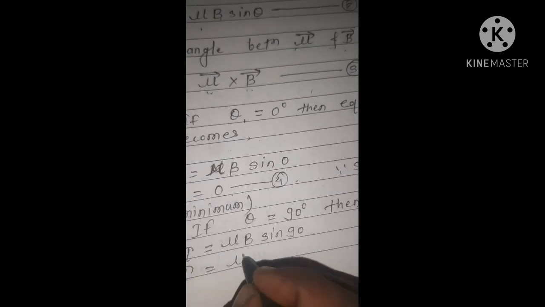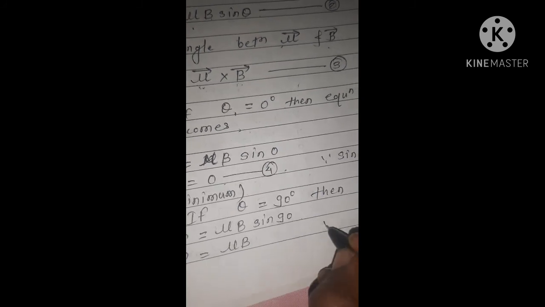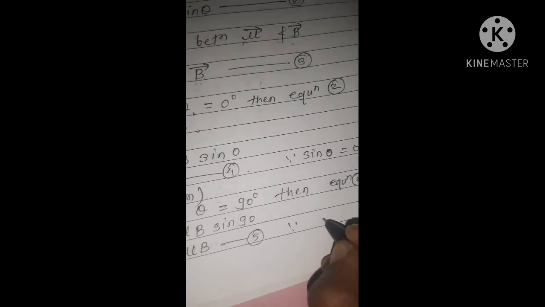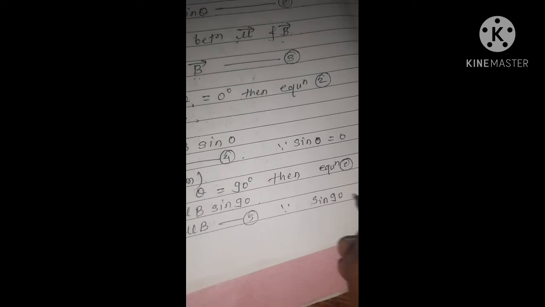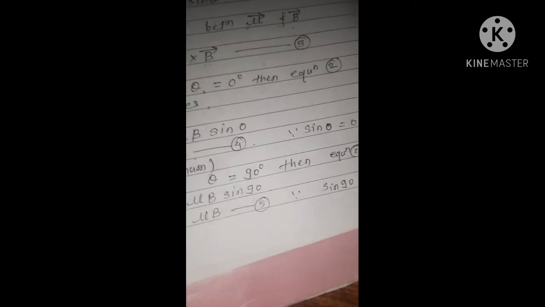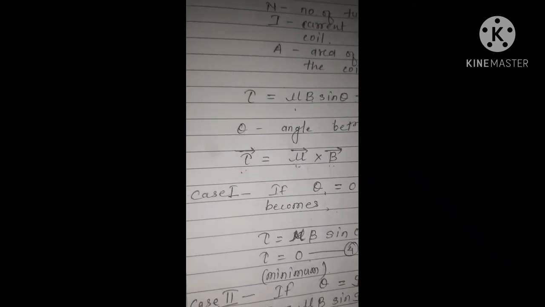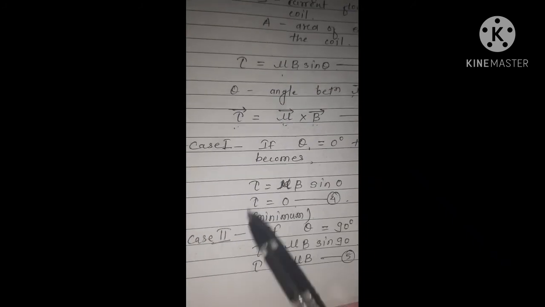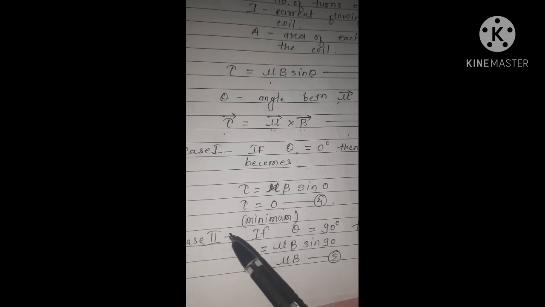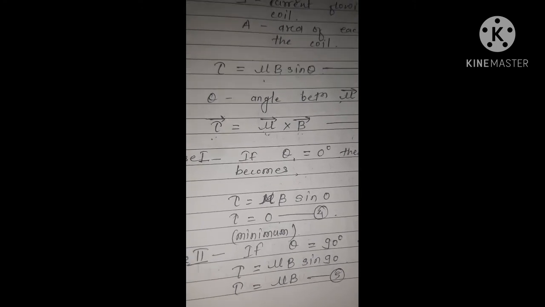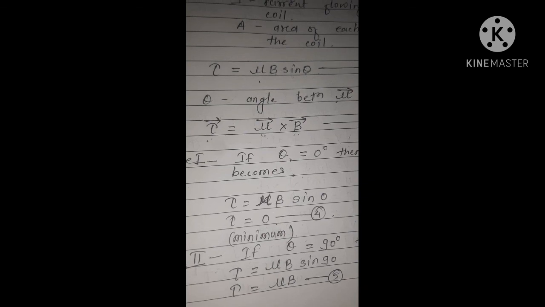Tau is equal to mu B, since sine 90 is 1. Thus, we have seen two cases of torque exerted on a current carrying coil if it is placed in a uniform magnetic field.